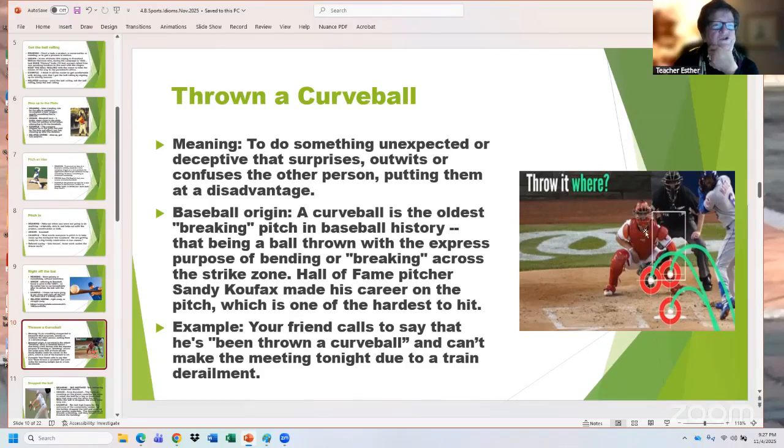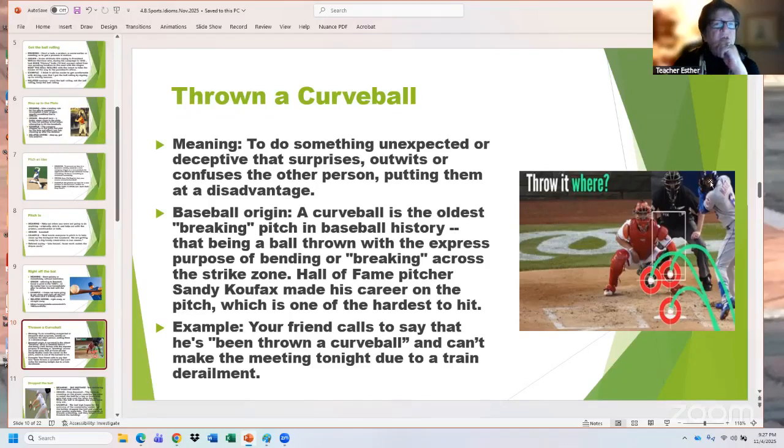Okay, so a curveball might come in. This is the strike zone when you look at it on TV. The strike zone is what's approved. Anything inside this box is good. Now, a curveball seems like it's going to be good, but then dramatically drops.